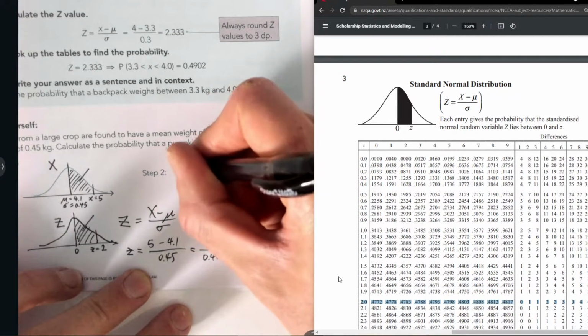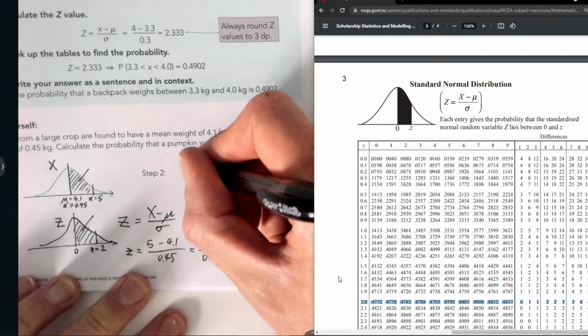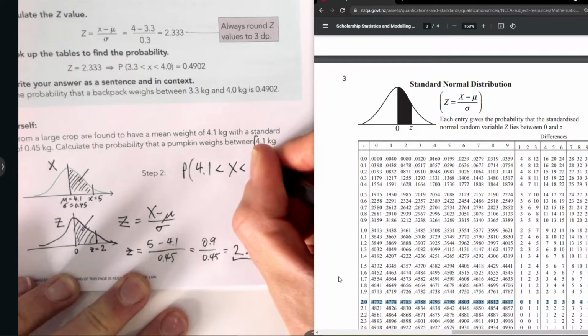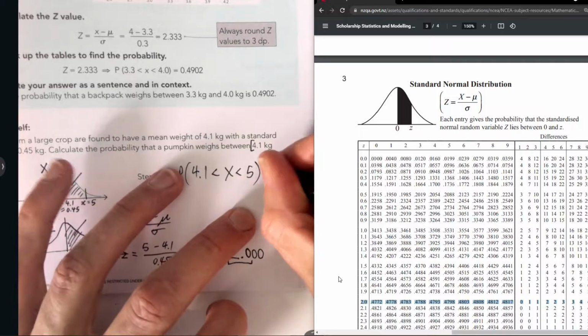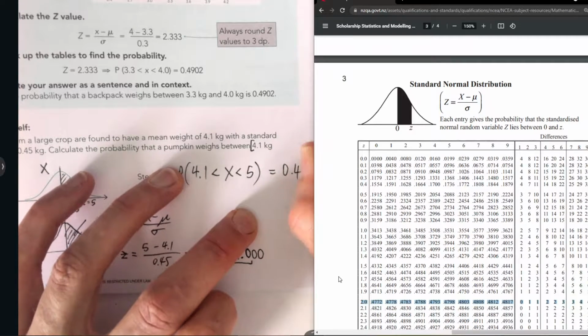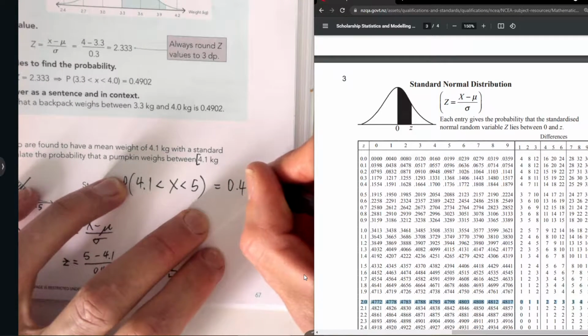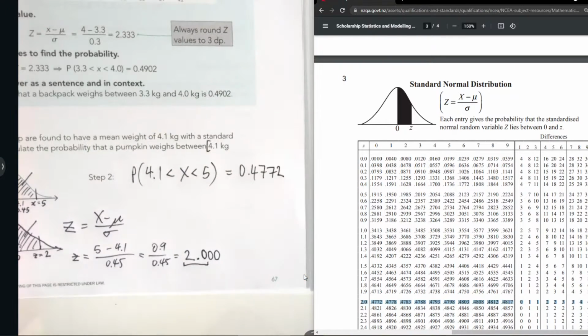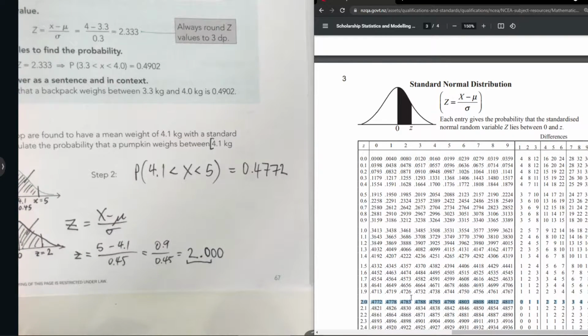So the probability that pumpkins are between 4.1 and 5 is equal to 0.4772, right? Because you'd normally go across and you go, well, 2.0 and then a difference of 0. Oh, okay, sweet. So that's our probability right there.